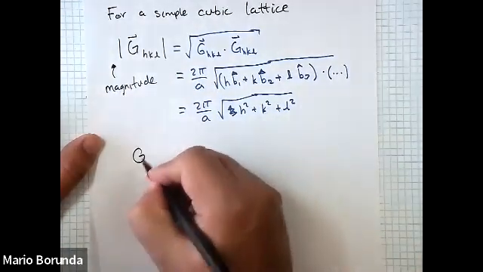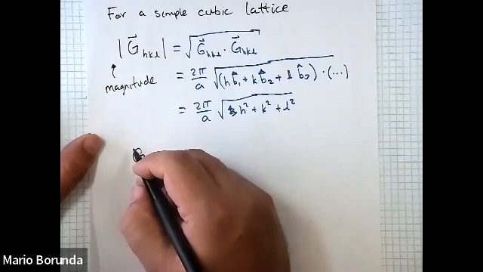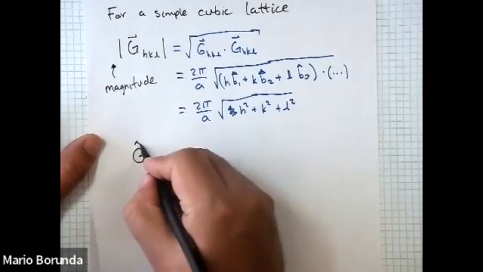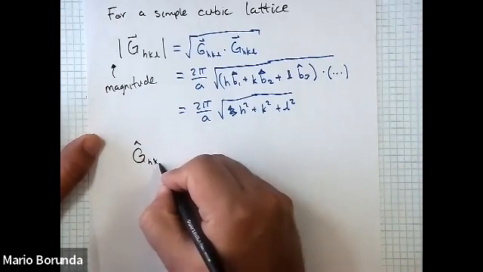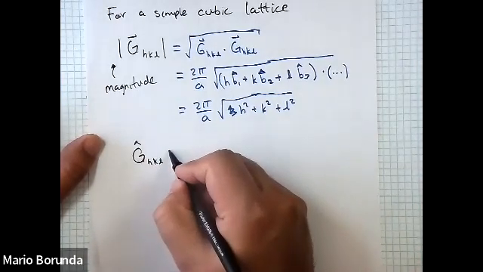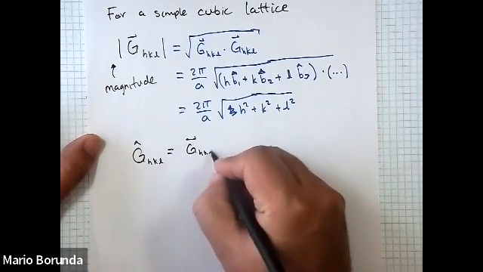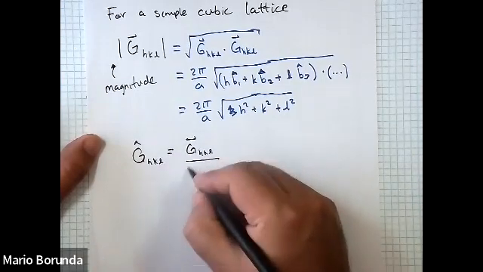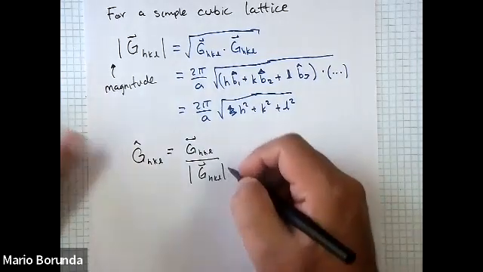So now if I go like this, this is the unit one just to get direction. This is going to be the same as the original vector HKL divided by this magnitude that we just calculated.